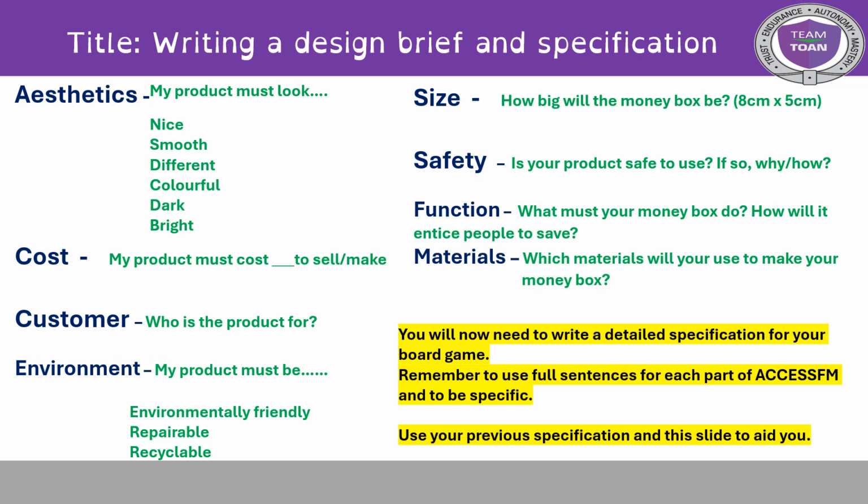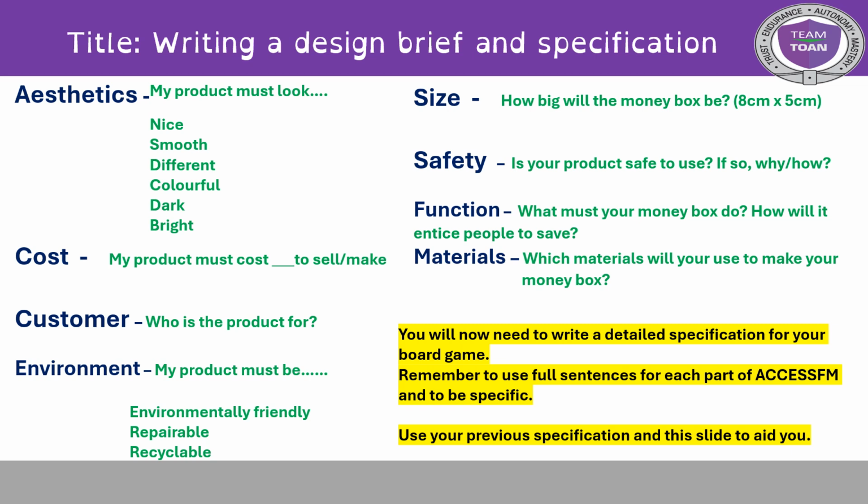Customer, who is the product for? So looking at your unique design, who are you making it for? If you make a Manchester United Football Club design, would that be for somebody that supports Manchester City? No, of course not. So please, a full sentence explaining who your customer is and the ages as well. Environment, so my product must be environmentally friendly, repairable, recyclable.